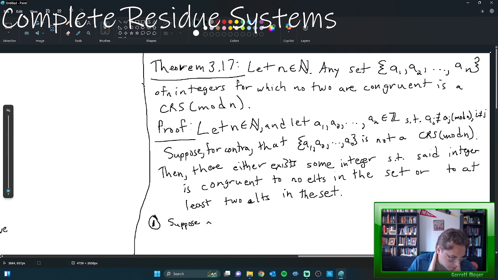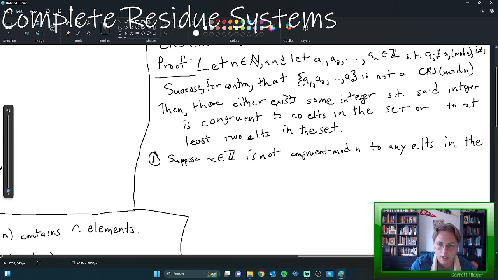Okay, suppose x is an integer, is not congruent mod n to any elements in the set. And I see my face is covering up what I'm showing. Any elements in the set. Okay.